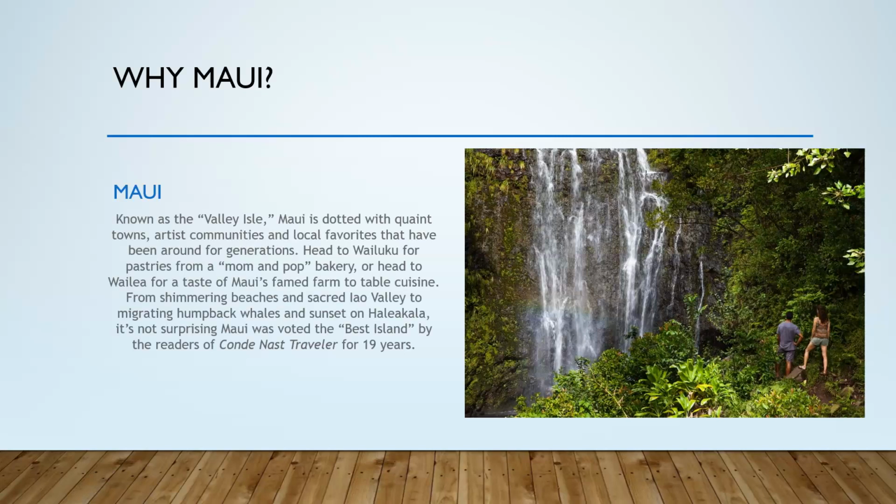So you could head to Wailuku for pastries from a mom and pop bakery, or head to Wailea for a taste of Maui's famed farm-to-table cuisine. From shimmering beaches to sacred Iao Valley, to the migrating humpback whales and sunset at Haleakala, it is not surprising Maui is voted the best island by readers of Condé Nast Traveler for 19 years.